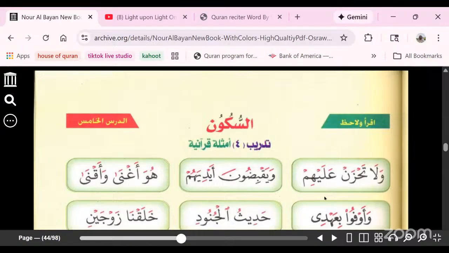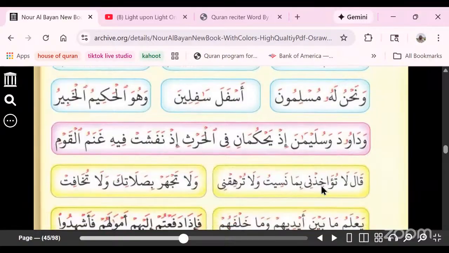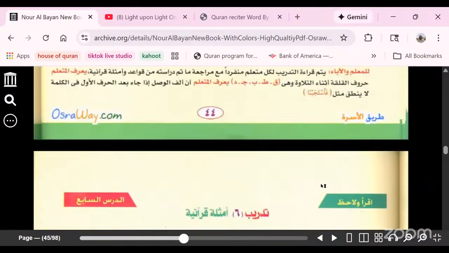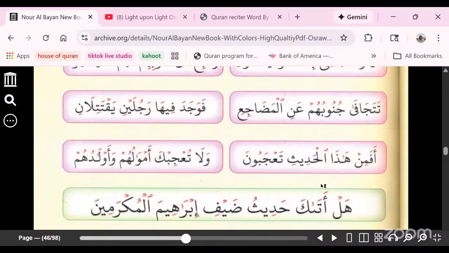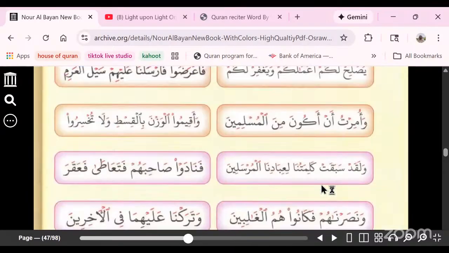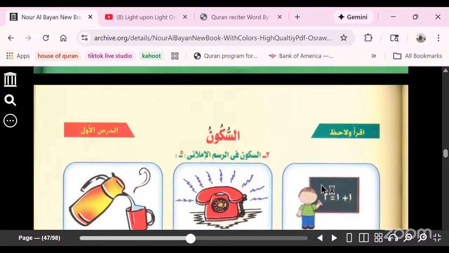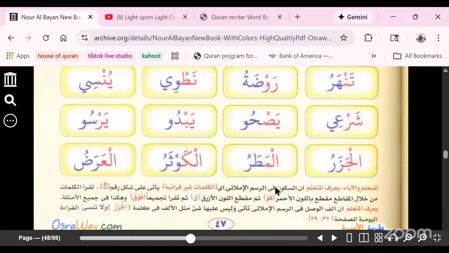Okay, let's do a little reading exercise with the sukun. Okay, let's do some practice with sukun.